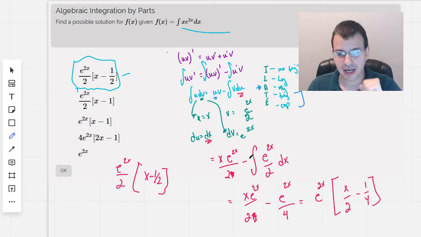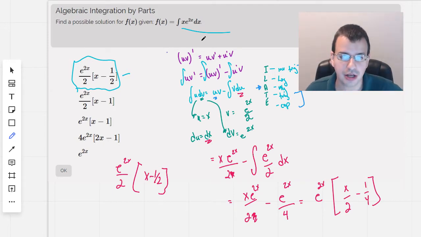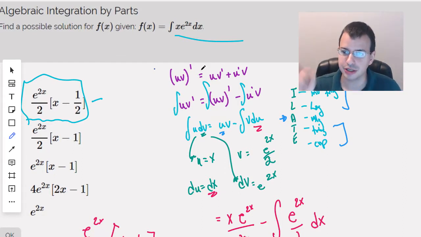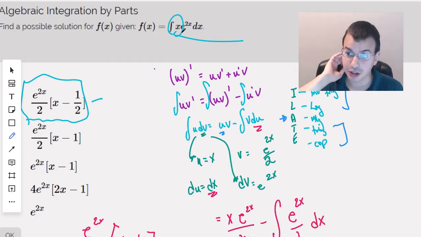So to backtrack, go through our thought process here: we look for substitution. Substitution doesn't work because you can't find one thing that's a derivative of the other. So we ask, if we take the derivative of these two things, x and e to the 2x, enough times, will one of them disappear? And the answer is yes. x will disappear after the first iteration.